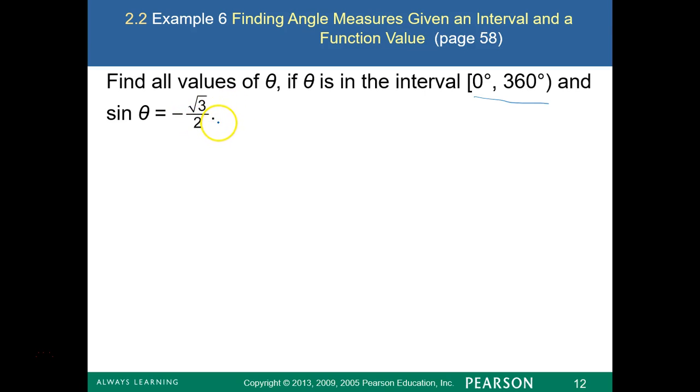Well, one of our special angle values is equal to the square root of 3 over 2, and that special angle value is, if you look it up, sine of 60 degrees gives us the square root of 3 over 2. All right, so what we're going to do here is 60 degrees, in this case, is our reference angle.